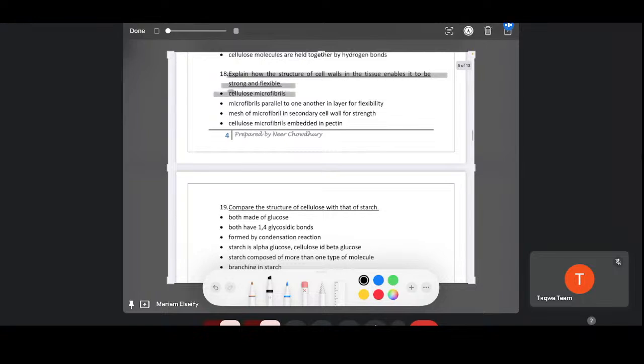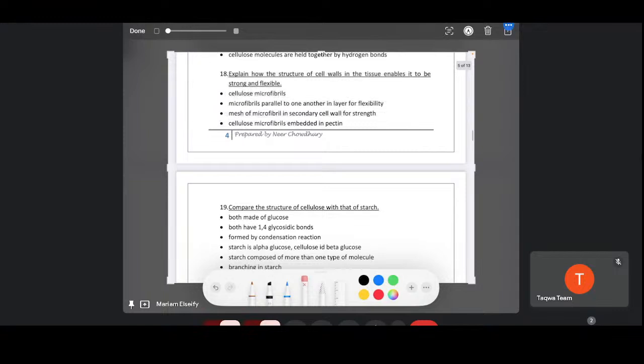The cellulose microfibrils, as we said, are straight, right? So it's very important because it's held straight, no branch, no anything. And so it enables it to be strong and flexible. Also, microfibrils parallel to one another in a layer for flexibility, the mesh of microfibril in the secondary cell wall for strength, cellulose microfibrils embedded in pectin.